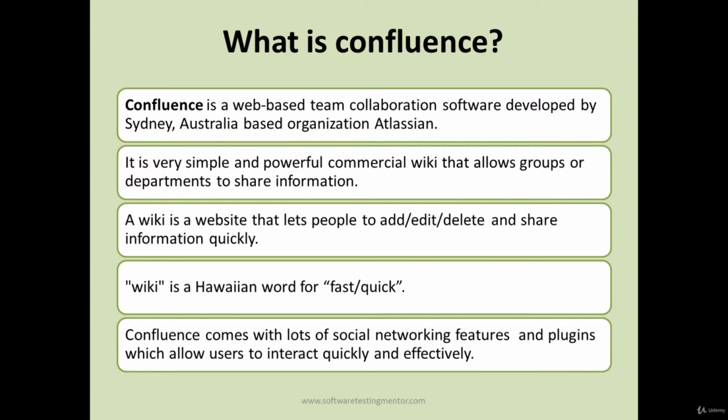So it's not just a plain wiki with just the functionality to add, edit and delete, but it has lots of social networking features as well as lots of plugins available which you can install in Confluence and get the maximum out of it.